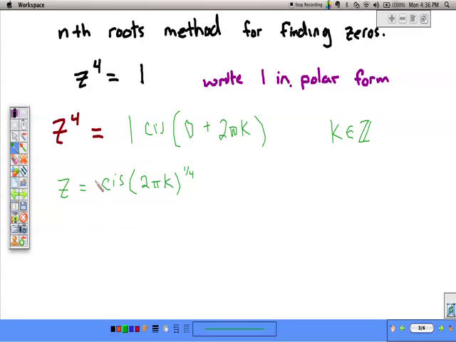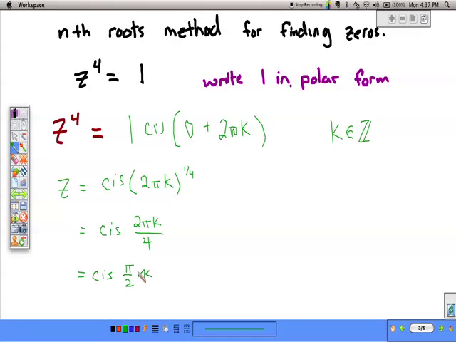Multiply the modulus of the complex number by 1/4, or raised to the 1/4 power. 1 to the 1/4 is equal to 1. Multiply the argument. So what I'm left with is z is equal to CIS pi over 2 times k.